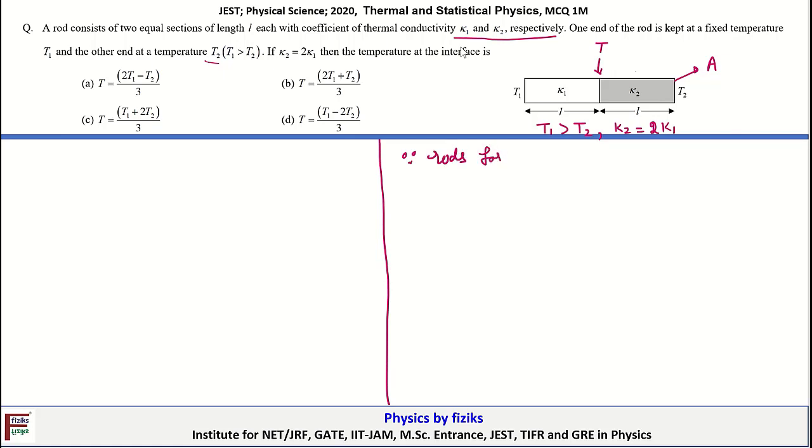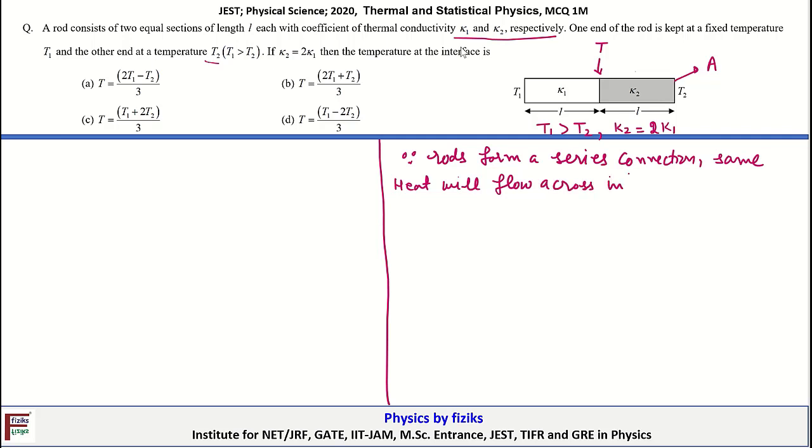Because the rods form a series connection, the same heat current will flow across the interface.